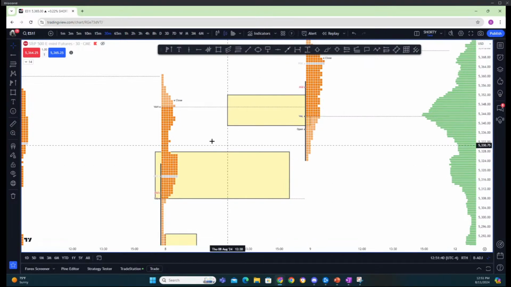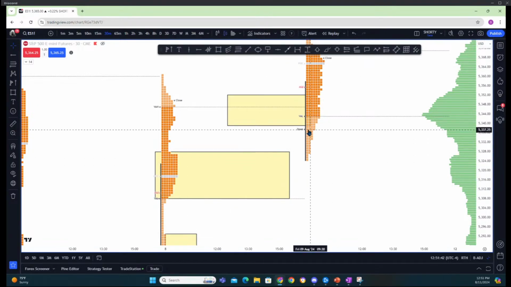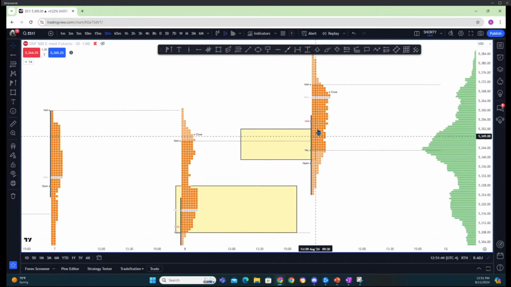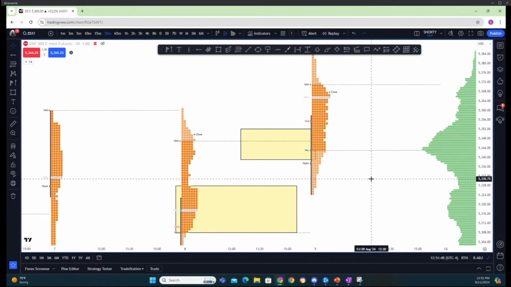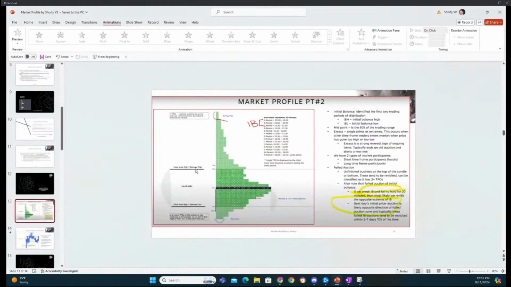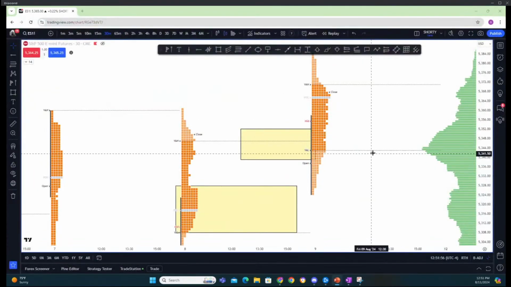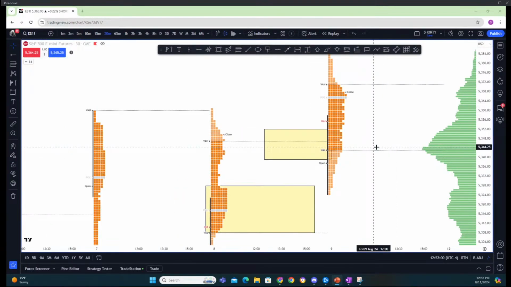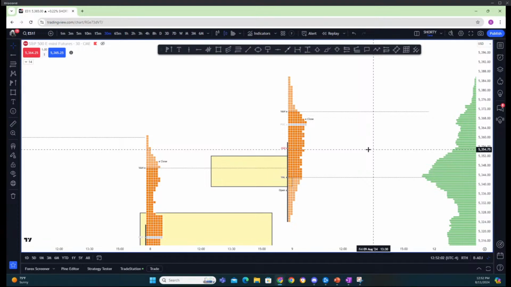And look, they came back here, they dipped below, they opened here, and where did they close on Friday? Above the value. They closed above the value. So the market is looking to do what? Find sellers above. Yeah, they're looking to find sellers, right?